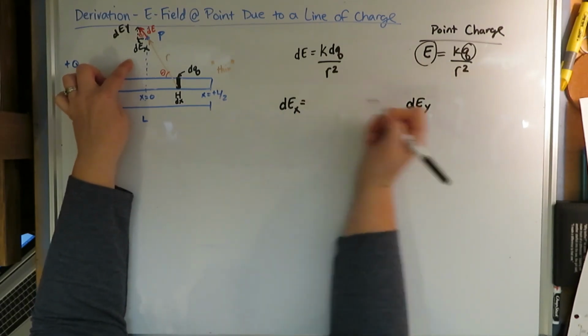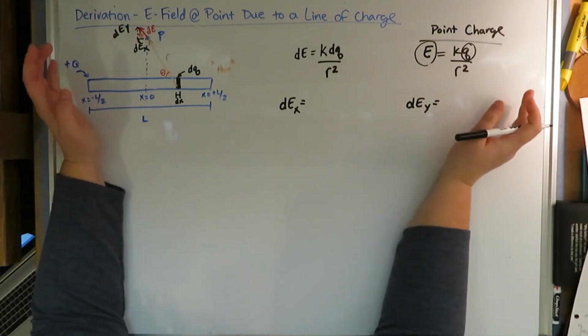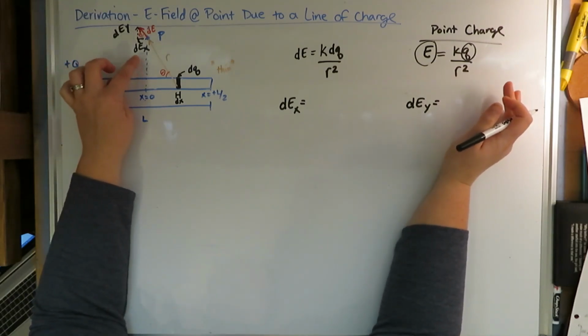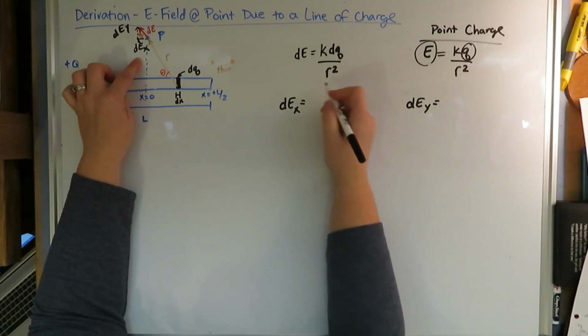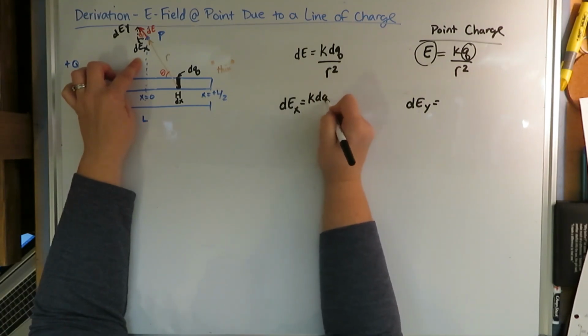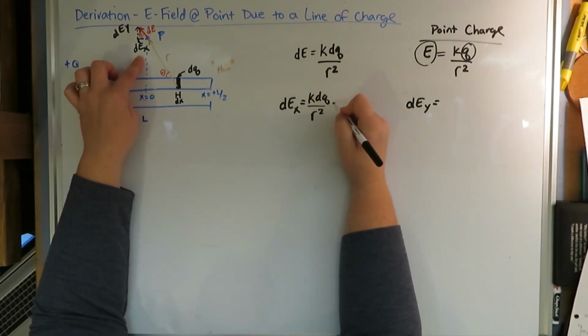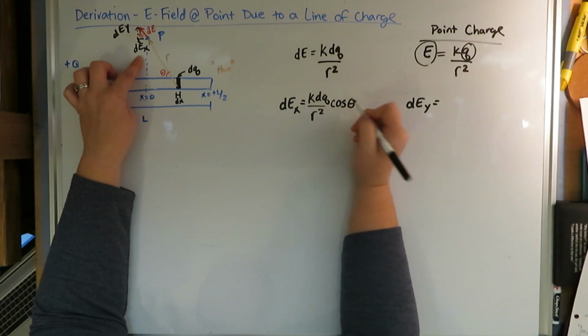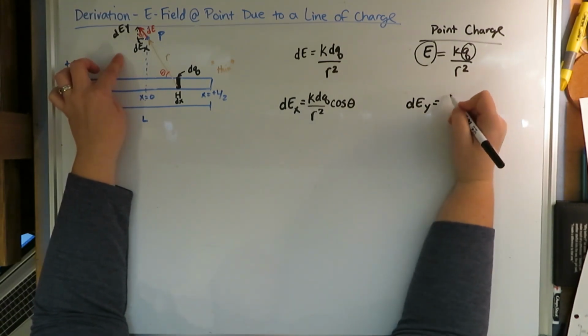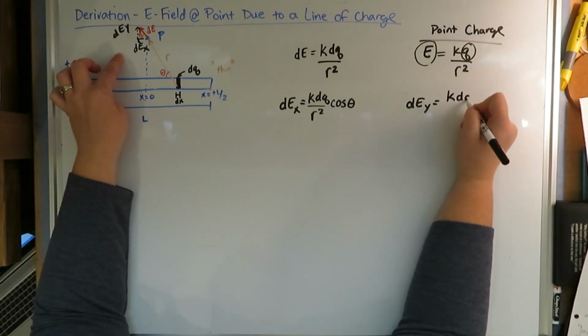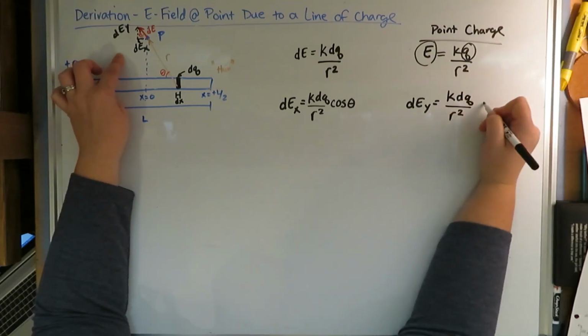And I have to treat them separately, just like you would do any two-dimensional problem. So in the x direction, dEx is going to be K dQ over r squared. And then dEx in this case is going to be the adjacent side, so it's going to be cosine theta. And dEy is going to be K dQ over r squared sine theta.